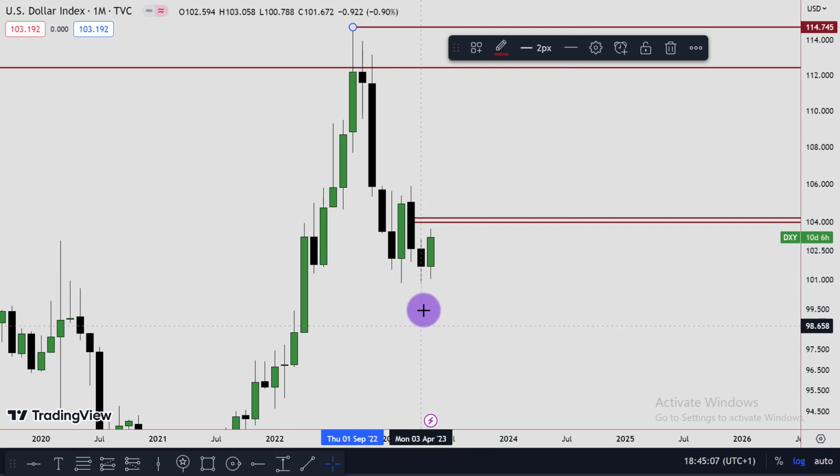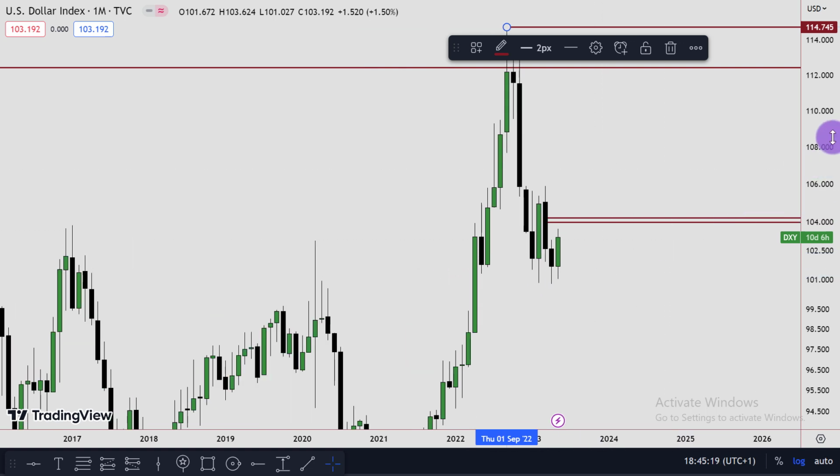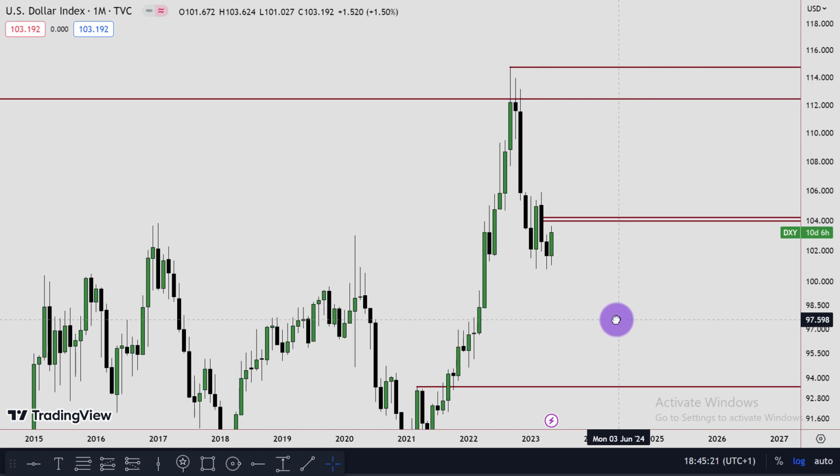So where am I expecting to see the dollar trade into on this time frame, which is the monthly time frame? I'm going to outline institutional reference points that I think the dollar is going to trade into, okay, before it starts to go down from late May and into June.